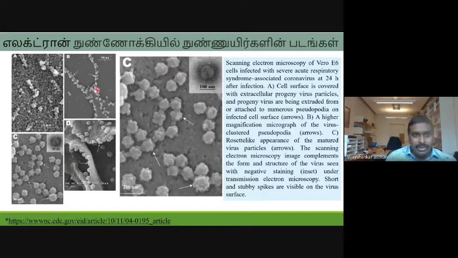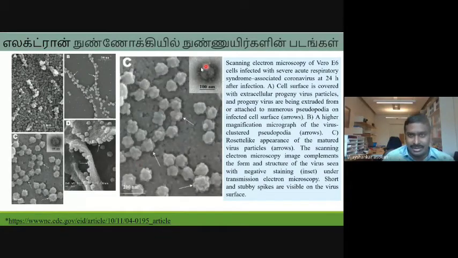If you look at the B image, it is a higher magnification micrograph of virus clustered on pseudopodia, shown with arrows. Then those matured regions are imaged in scanning electron microscopy here, which shows the form and structure of the virus with a negative staining.